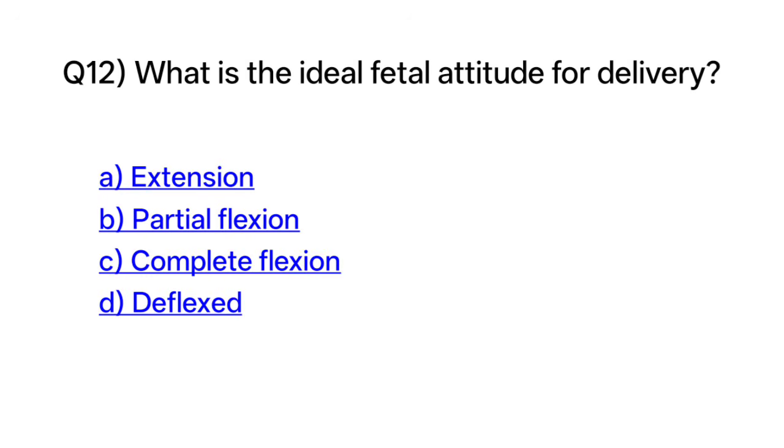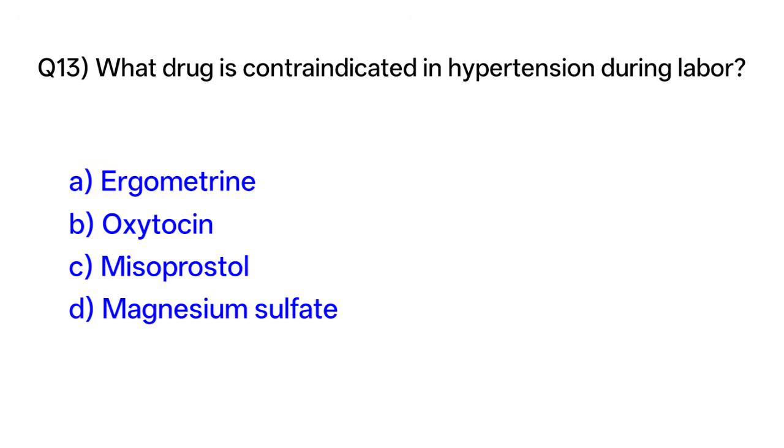Question number 12. What is the ideal fetal attitude for delivery? The correct option is B. Partial flexion. Question number 13. What drug is contraindicated in hypertension during labor?